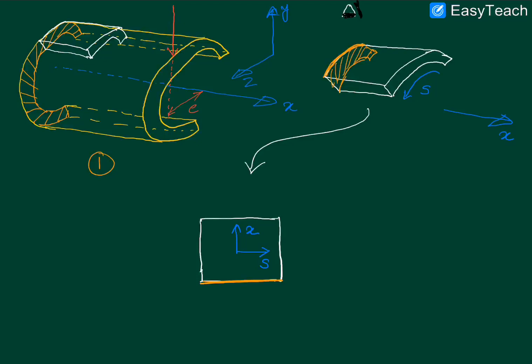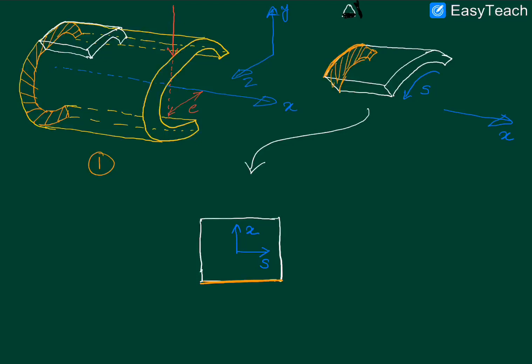We are going to consider only those stress components on this stress element which are oriented along the x direction. I repeat, we are only going to depict those stress components which are oriented along the x-axis.